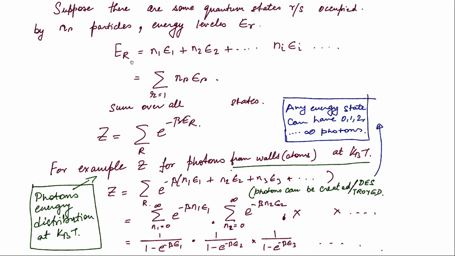So E_R of the microstate, and there have to be transitions from one microstate to the other, which will be through a perturbing Hamiltonian.